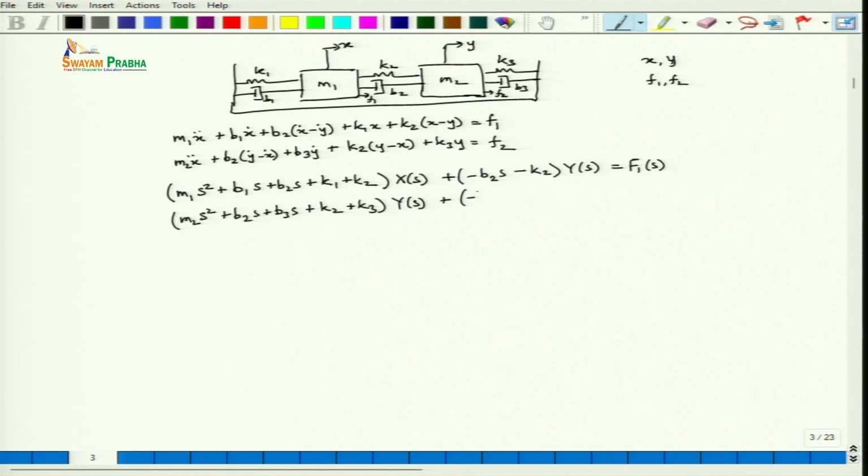And similarly, we can do b2 s minus k2 x of s is equal to f2 of s. So now we can formulate it in terms of matrices x of s, y of s.